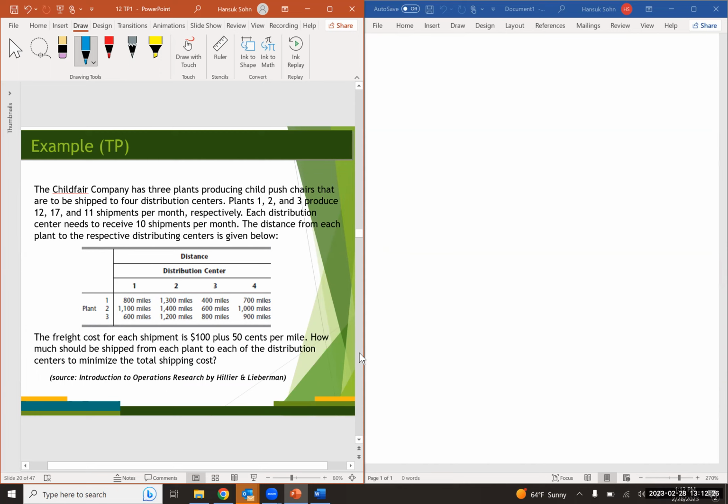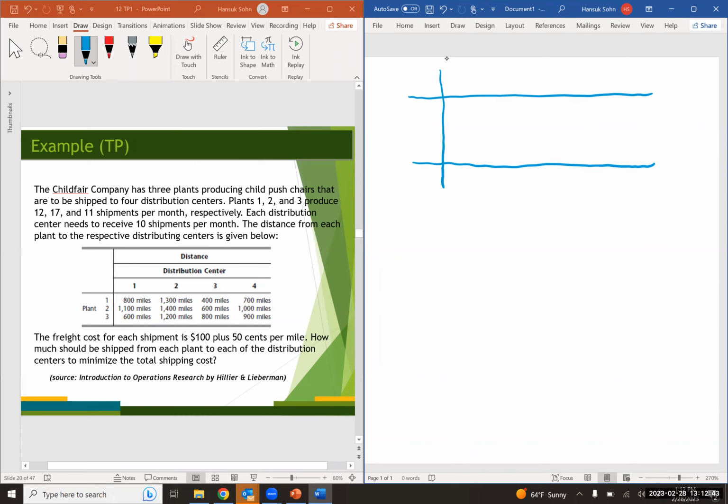First, let me get something like this. I'm going to put the plants here: plant number 1, plant number 2, and plant number 3.